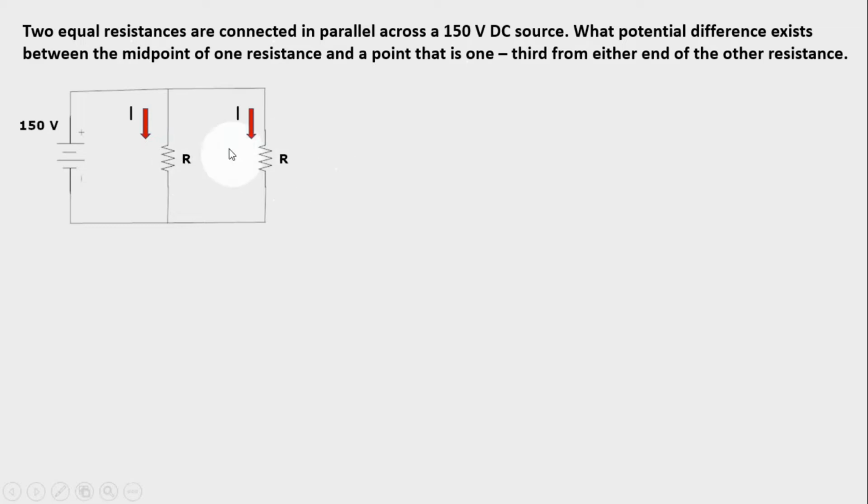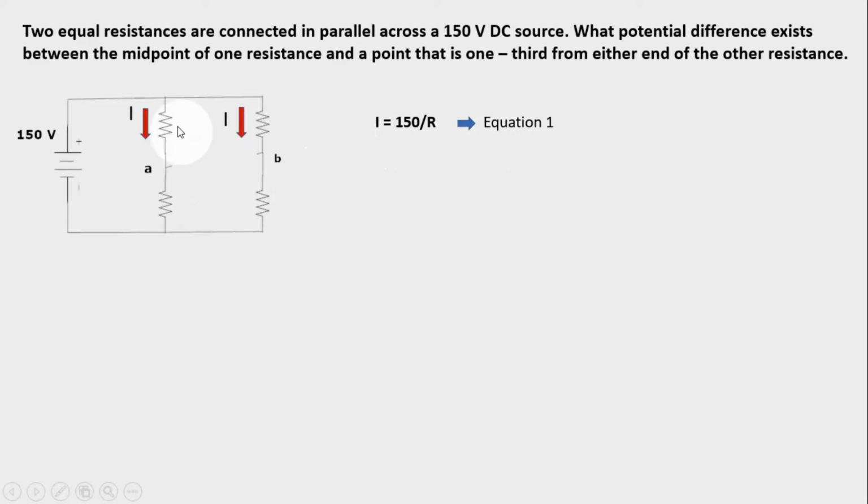Since this is connected in parallel, the voltage in these resistances are the same, and that is 150 volts. So you can right away solve for the current in this branch and also in this branch. That will be I, 150 volts divided by R by using Ohm's law. This can be our equation 1.